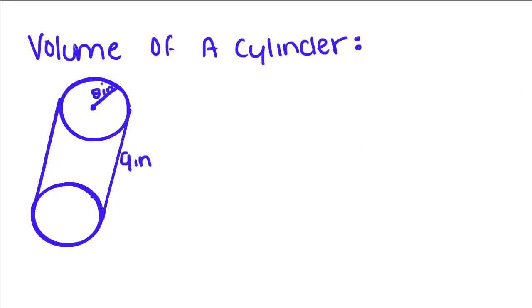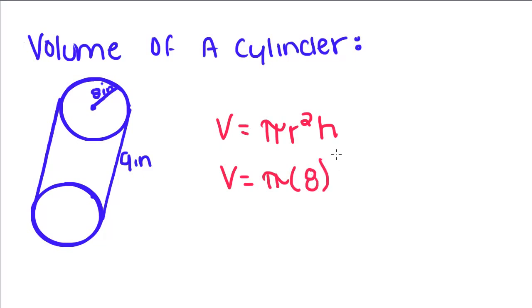So we have a radius of 8 inches and a height of 9 inches. So volume is equal to pi r squared h. Volume is equal to pi, our radius, which is 8, squared, times our height, which is 9.